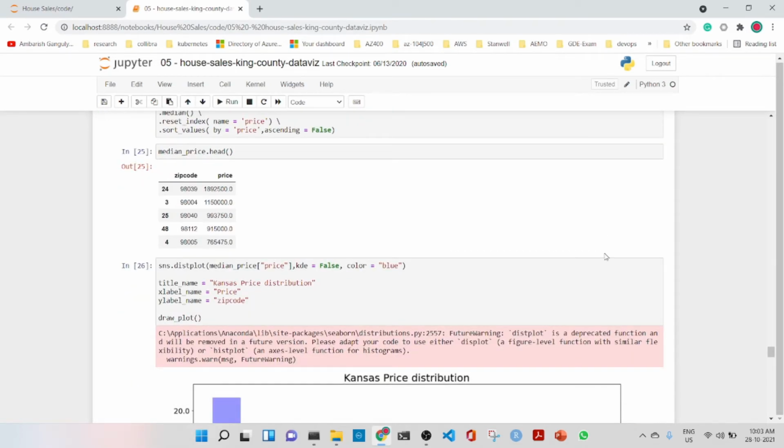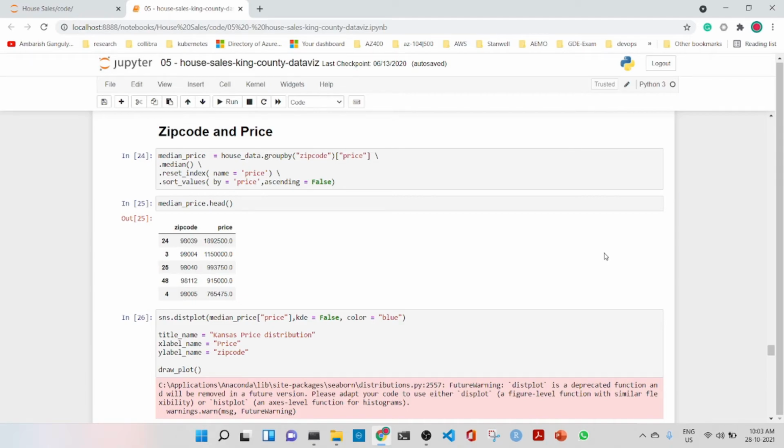The zip code and the price. So here if we want to find out the median price given a zip code, we can group by the zip code, get the price, and then we can sort the values by price. So here we are getting the zip code and we are getting the median price.